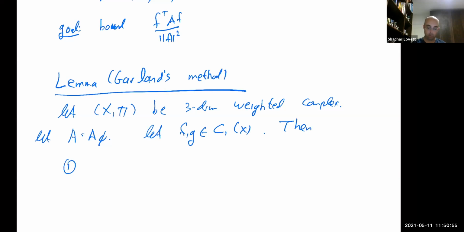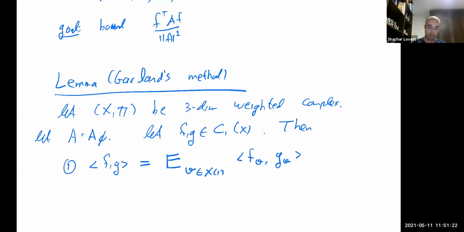One, if I want to look at the inner product of f and g, which is something on the whole complex, what I can equivalently write is the following. I'm going to choose an expectation over nodes v in this complex, and I'm going to look at the localized version of f on this node and the localized version of g on this node and take their inner product.